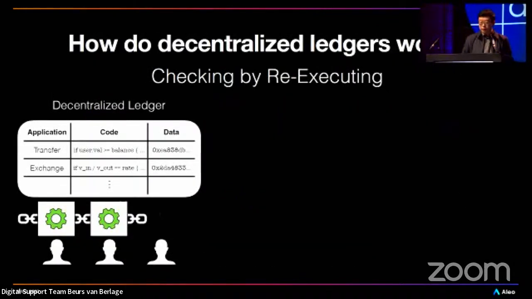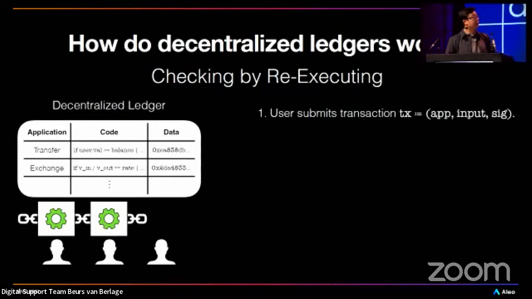Typically, a decentralized ledger works by verifying and confirming each transaction via re-execution. Users submit a transaction, which is composed of the application, the input, and a signature.